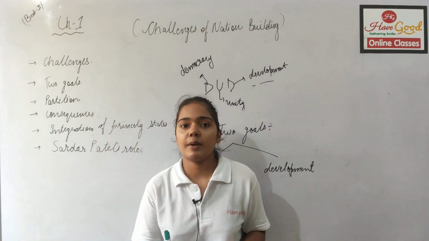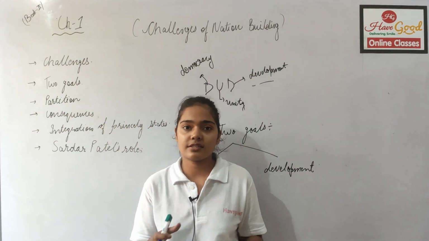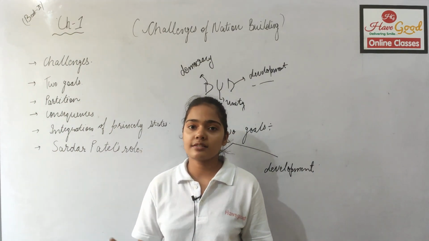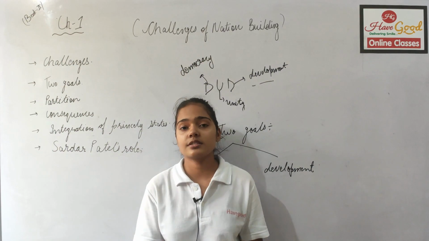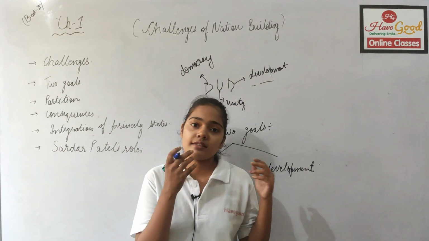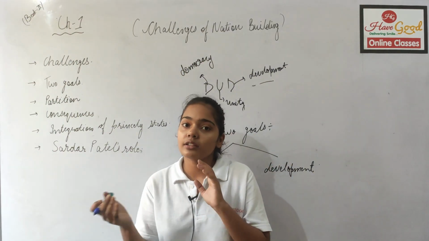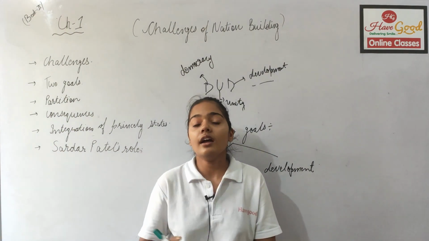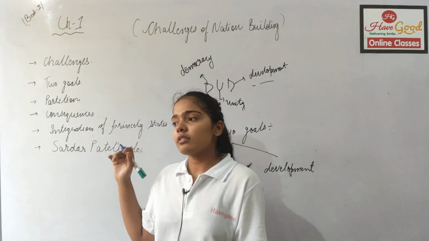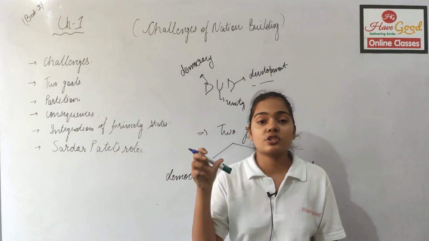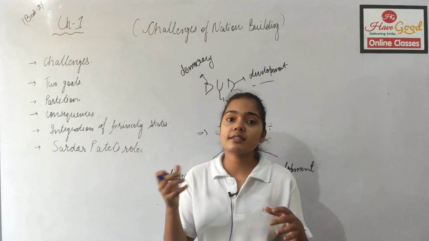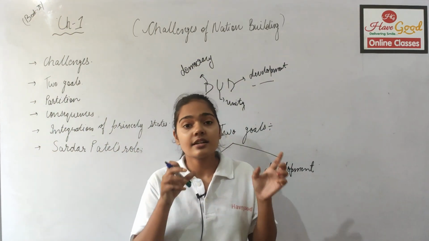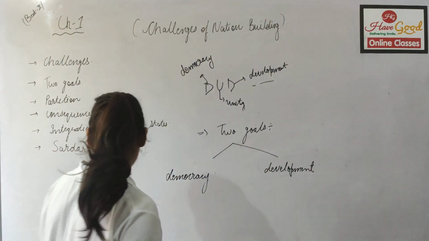Actually, at the time of independence, India got independence in 1947, and on the midnight of 14th and 15th August 1947, our country was disintegrated into two parts, India and Pakistan. And on that day, our former Prime Minister Jawaharlal Nehru delivered a speech, that is Tryst with Destiny.